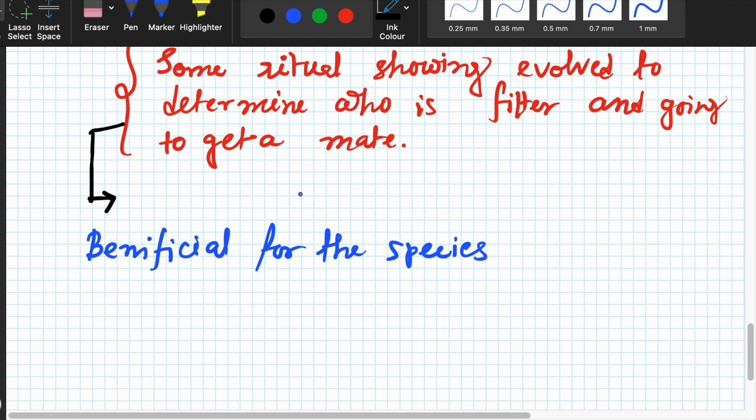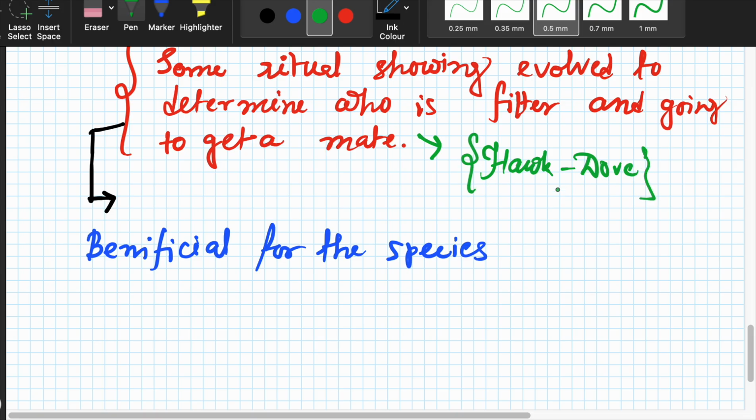You can see this situation is naturally modeled by the hawk-dove game. So this situation is a strategic interaction situation.